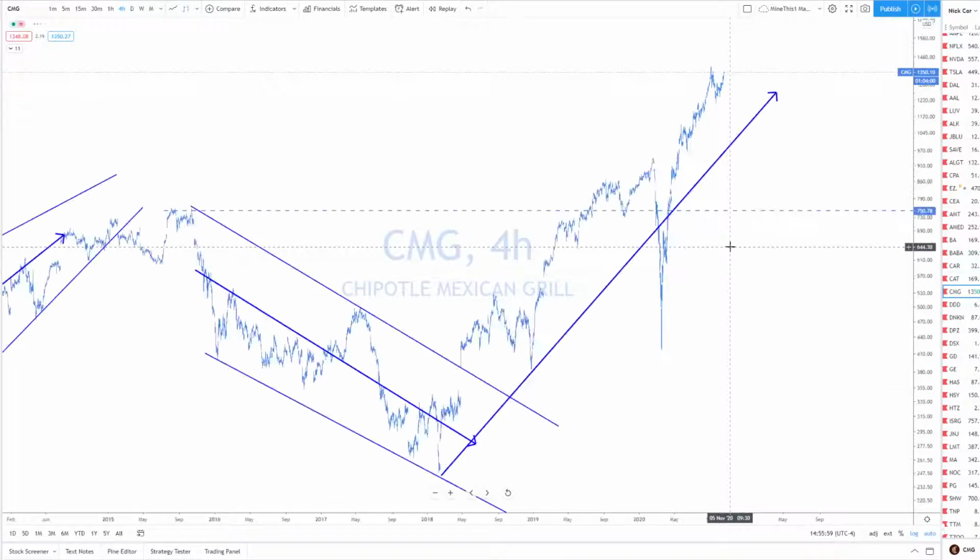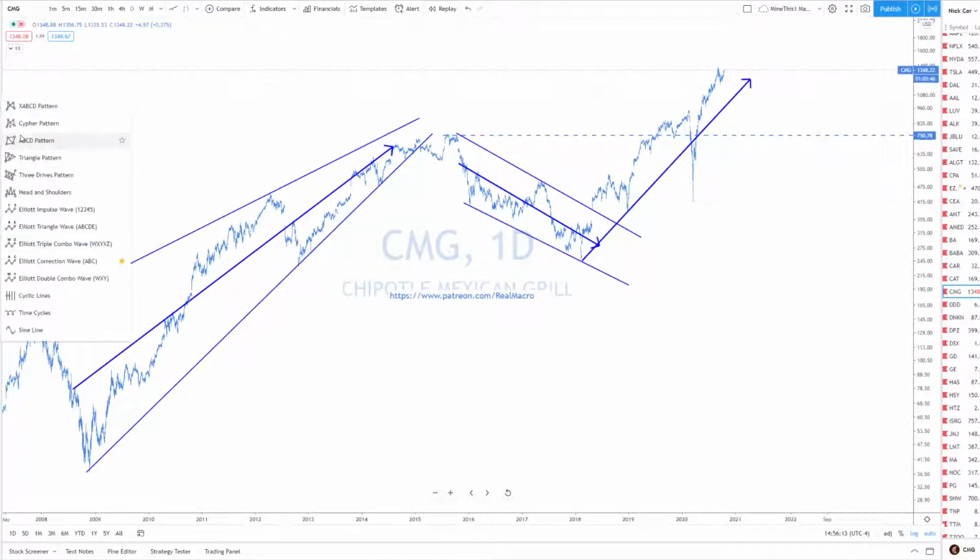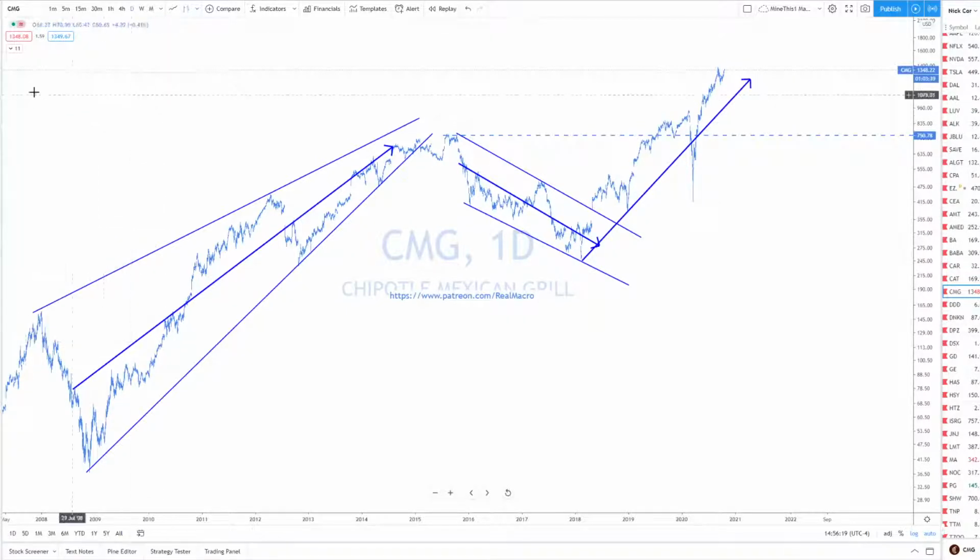Okay. Chipotle Grill. This is going to really just continue to push higher. It's kind of like a Domino's kind of deal, right? They had that food poisoning thing, and I loved this stock as a long, I guess 3 years ago or something.